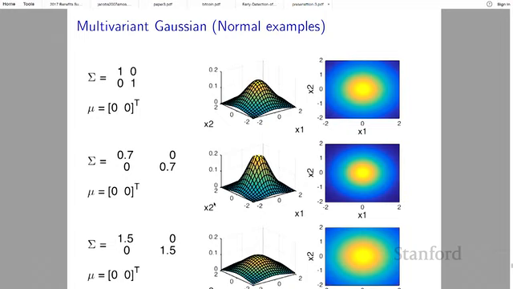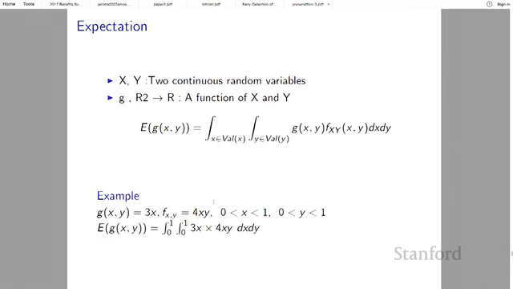If you look at the 2D image of x1 and x2, you see that it is a completely circular shape, showing that they are not dependent on each other. In the second one, suppose that you change the variance to 0.7, and in the third one you change the variance to 1.5. You see that the shape changes as you change the variance of these two.